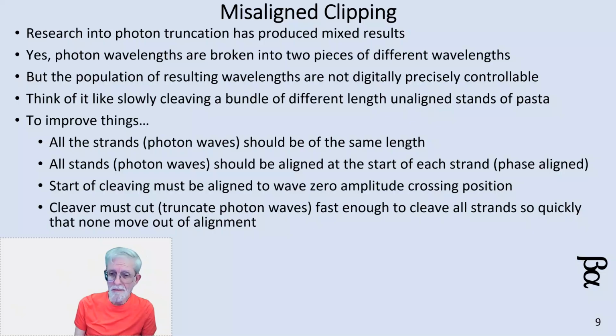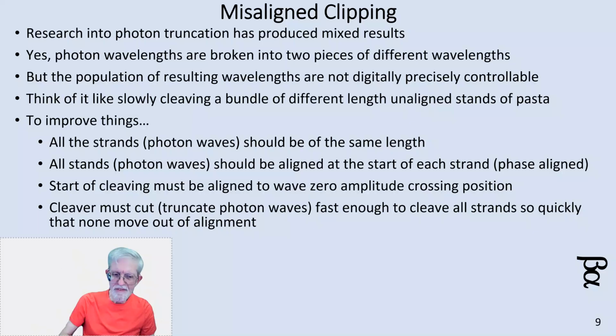There's things you can do to improve that. Make sure all of the photon wavelengths are the same length. Make sure they're all aligned so that they all start at the same time. And then make sure your cleaving has little chance of being in the middle of things. And the best way to do that is if you know the amplitude and the wavelength of your photons, you can actually know where the sinusoidal wave crosses zero amplitude.